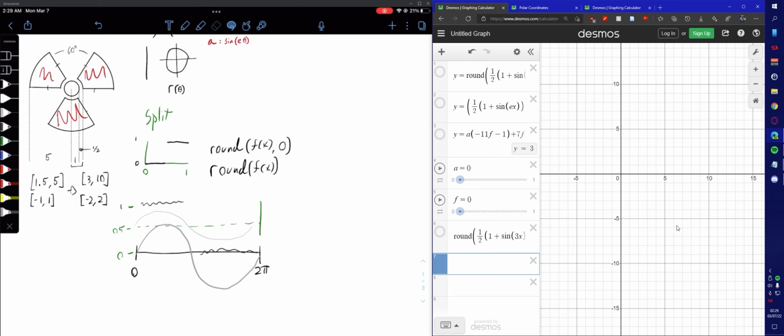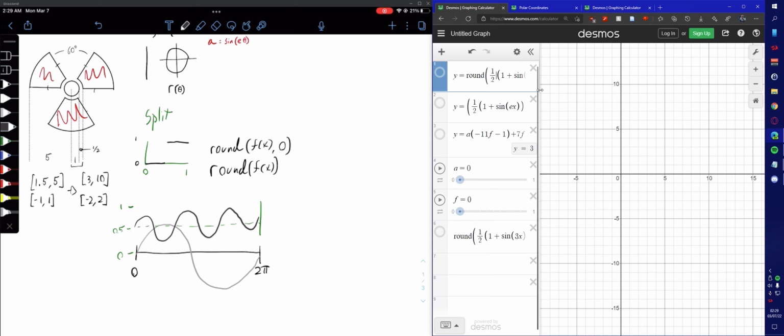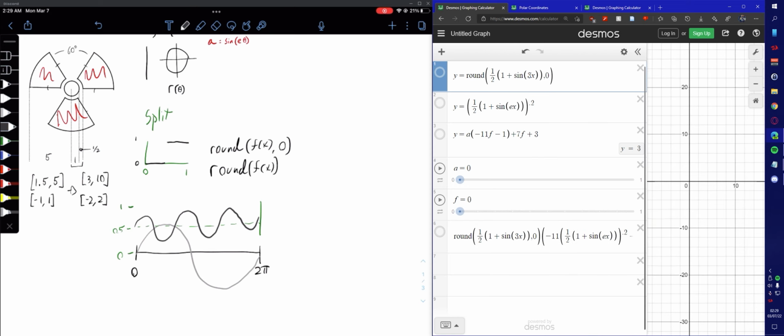Still not 6. Alright. Just multiply the frequency by 3. 1, 2, 3, approximately. And alright. So I've actually written that out right here. So we have our amplitude, our frequency multiplied by 3.